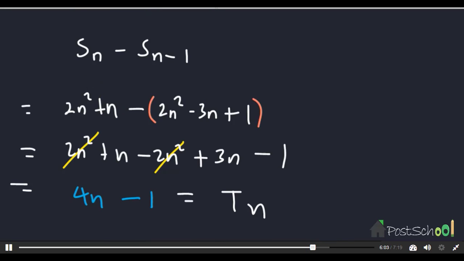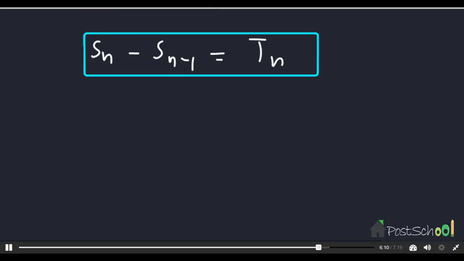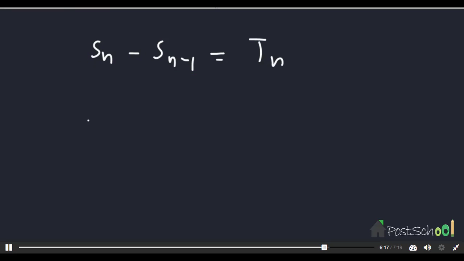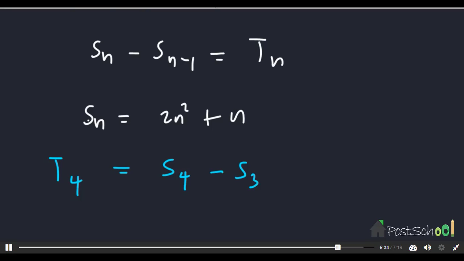What does that mean? It leads to an important conclusion: Sn minus Sn minus 1 is equal to Tn. This is a very important formula that we are going to use. If we have the general sum, in this case Sn equals 2n squared plus n, we can find Tn using this. We can find any term. For example, to find T4, we say S4 minus S3, since if this is 4, this will be 3.